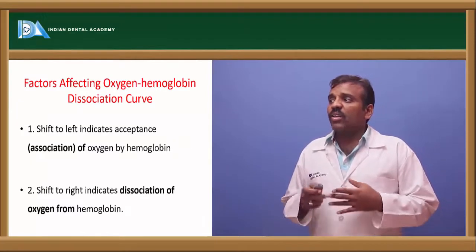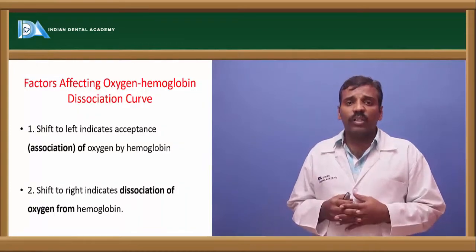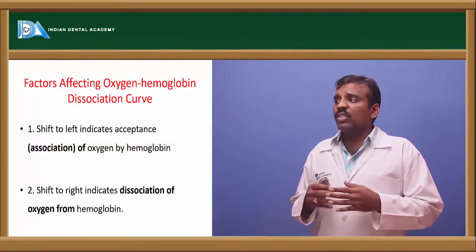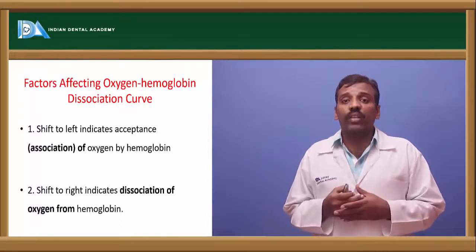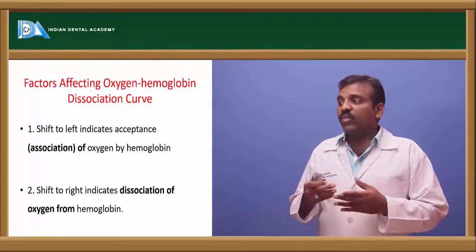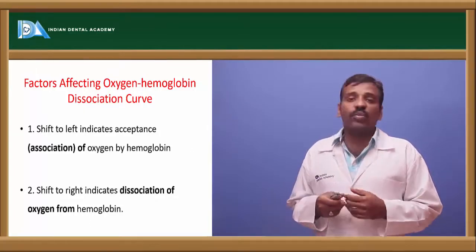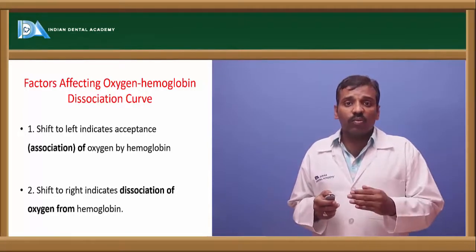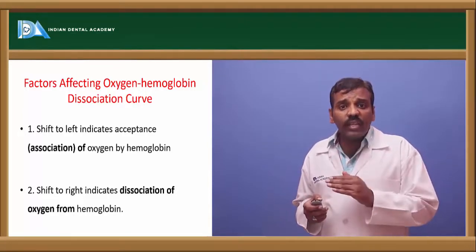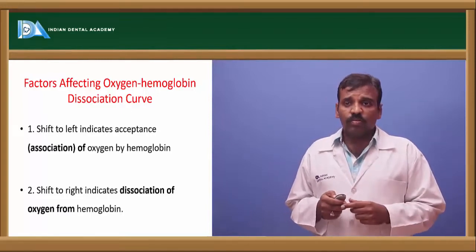And next one is, what are the factors affecting this oxygen hemoglobin dissociation curve? Shifted to left indicates association, the acceptance of the oxygen, and shifted to right indicates dissociation of the oxygen from the hemoglobin. Shifted to left is association of the oxygen, and shifted to right is dissociation of the oxygen in that curve.